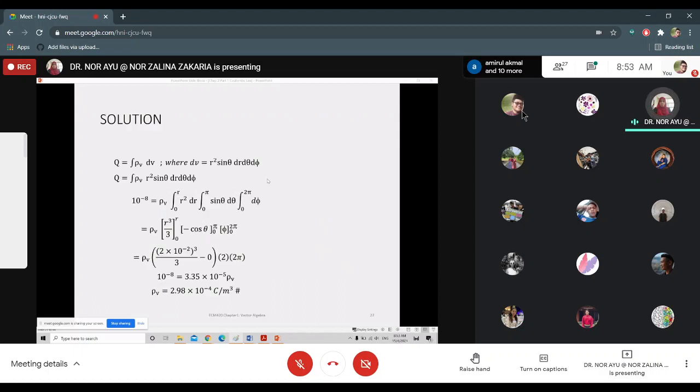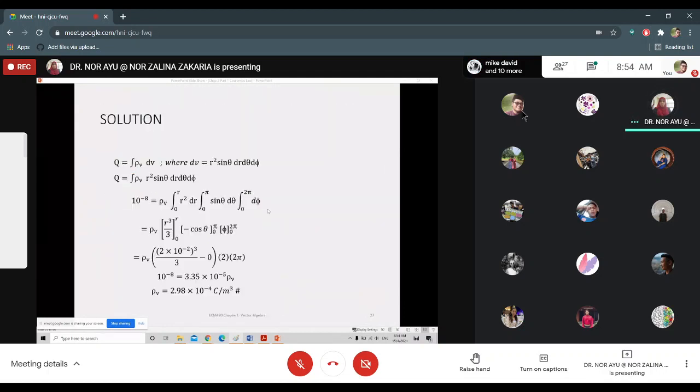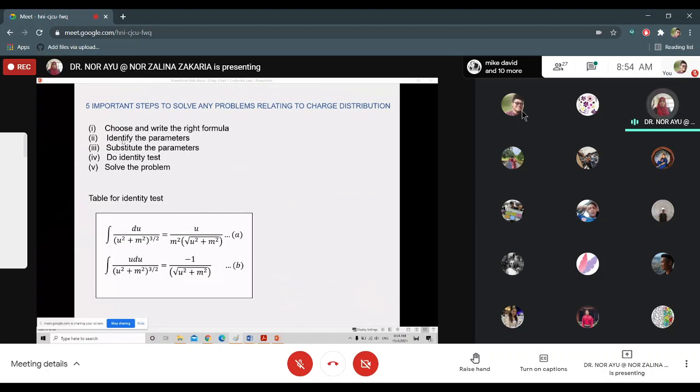The equation will not be the same for both. We have this for line and this for surface. So you need to know whether the question is about line or surface. If line, you choose this one; if surface, you choose this second equation. And then the next one will be to identify the parameters.